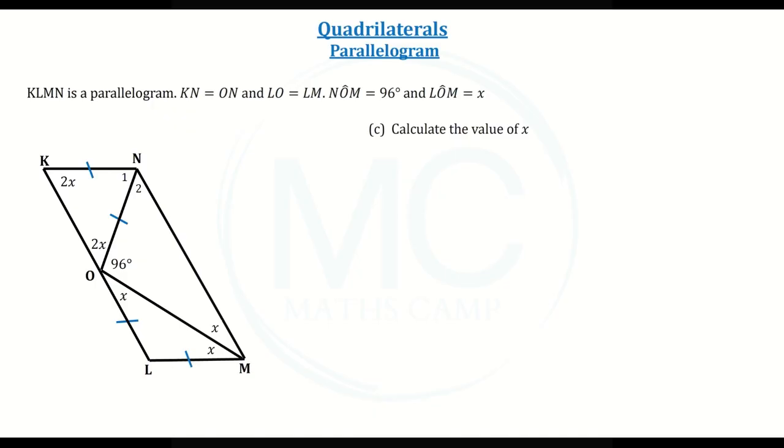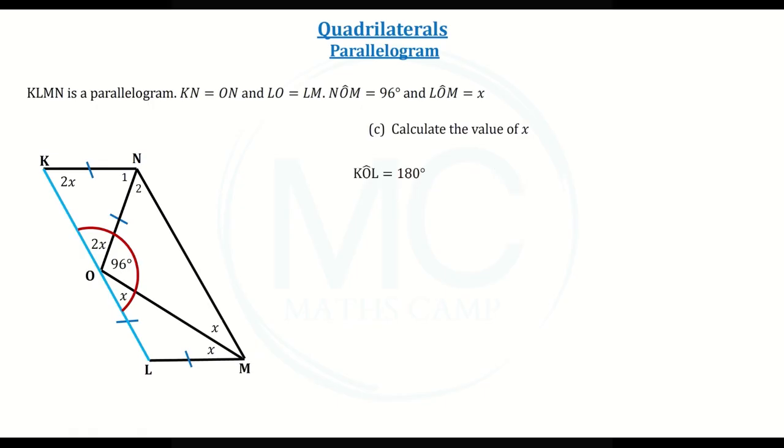Now we can look at the side KOL. Let's make it blue. KOL is a straight line, which means the whole of angle O must be 180 degrees. So let's make this whole angle red. Now we can make the statement that angle KOL is equal to 180 degrees.